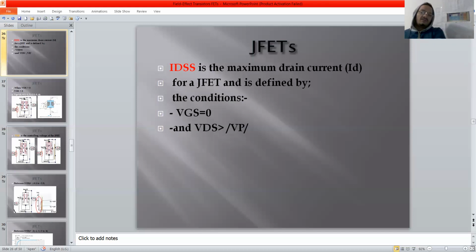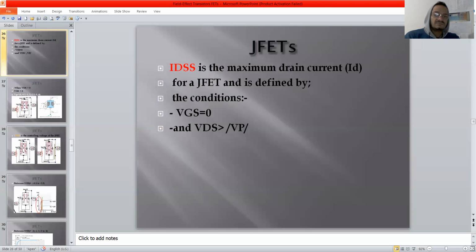Here, the voltage from gate to source is the controlling voltage of the junction field effect transistor. Curves of drain current versus source drain voltage for various levels of gate source voltage can be developed for the junction field effect transistor.